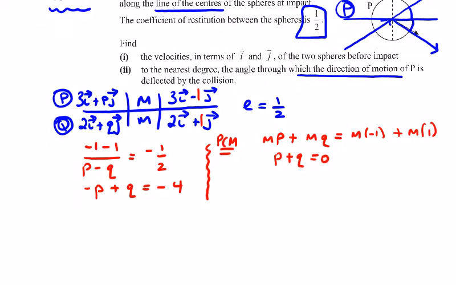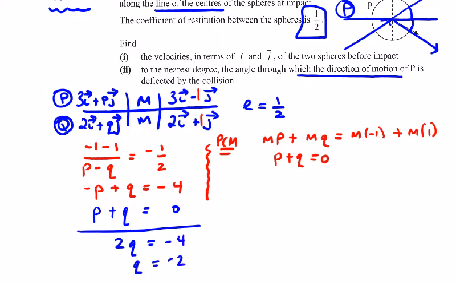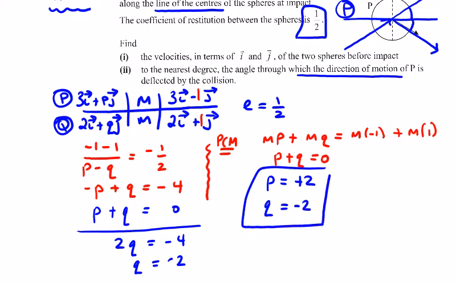If P plus Q is equal to 0, we're going to get 2Q equals minus 4. So Q equals minus 2. And if Q is equal to minus 2, P must be equal to plus 2. 2 minus 2 is equal to 0.